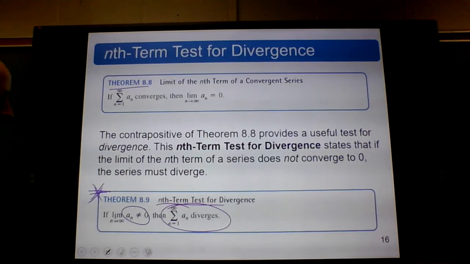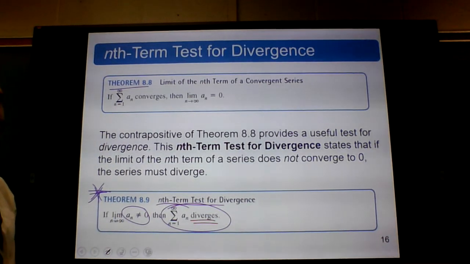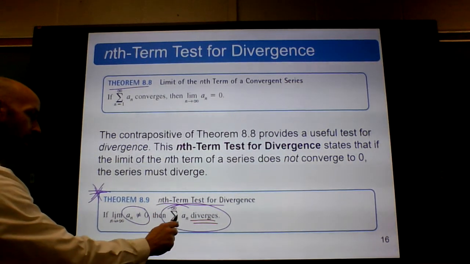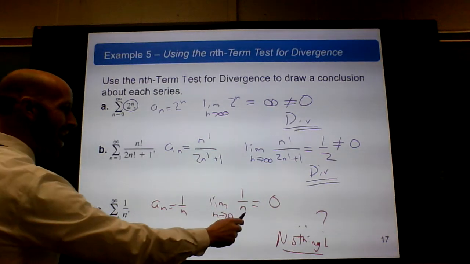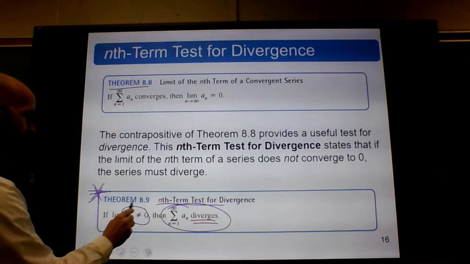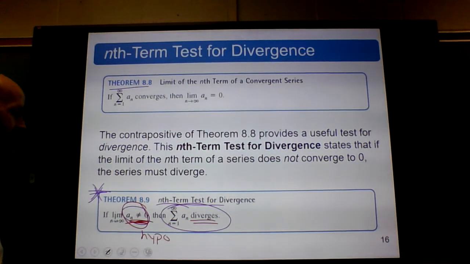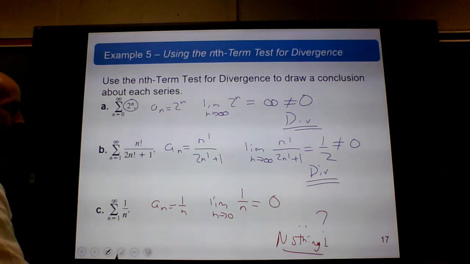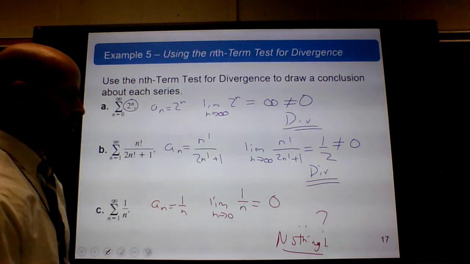This nth term test only tells us when a series diverges. Given this, we can conclude it diverges. Here we got it being 0, which means we did not meet our hypothesis. Our hypothesis is that it doesn't equal 0. Hey, this is 0, so we cannot use the conclusion that this diverges.